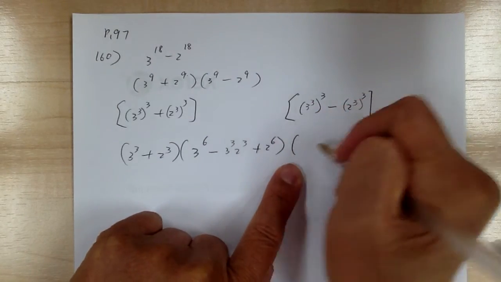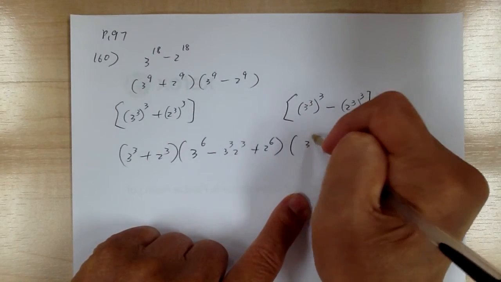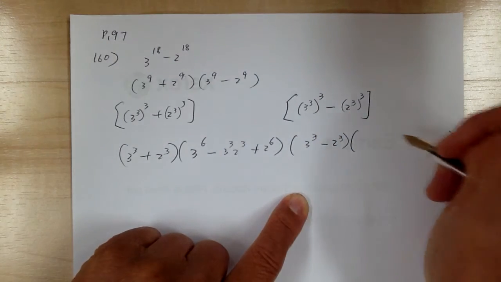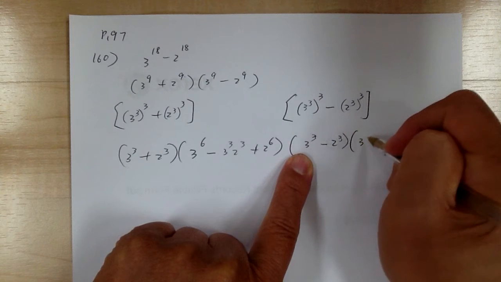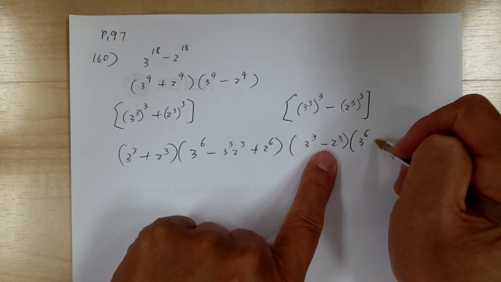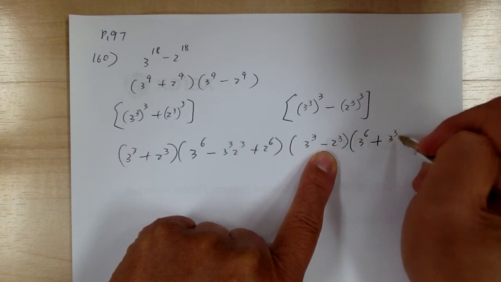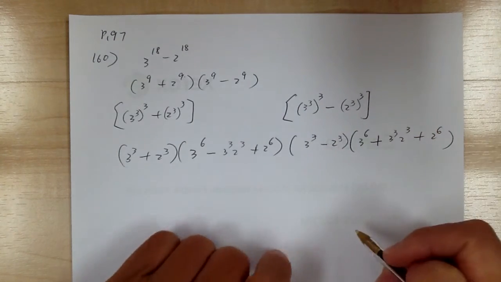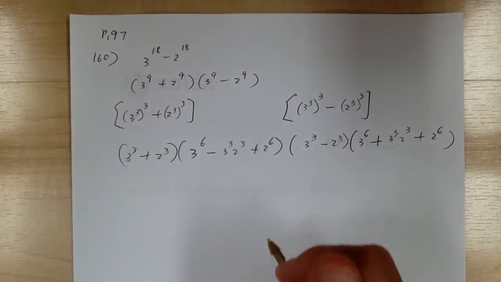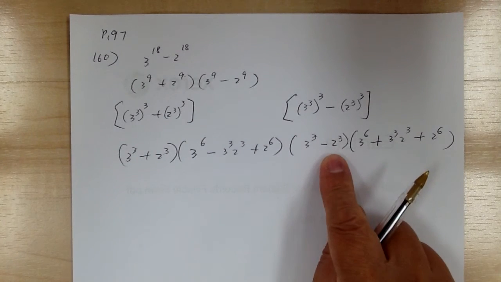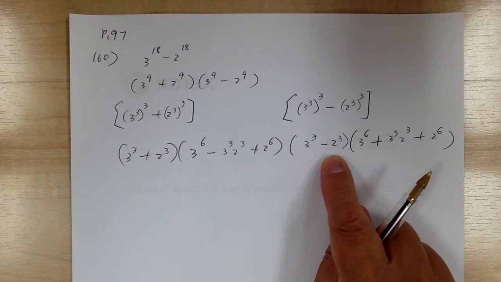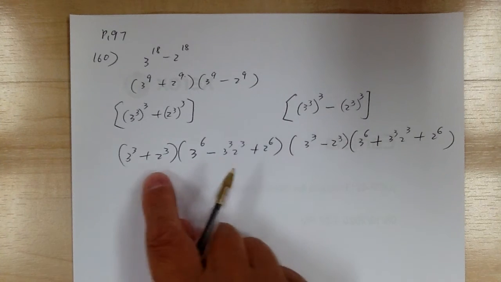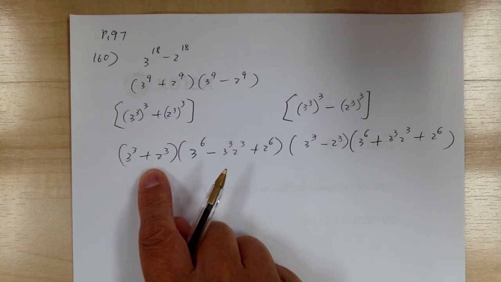Okay, and the same thing over here. This will give you 3 cubed minus 2 cubed, and in the bigger parentheses, you square that, and the middle term is opposite, so plus 3 cubed times 2 cubed, and plus 2 to the 6. Okay, so now this is also still factorable, because this is a cube and this is also a cube.